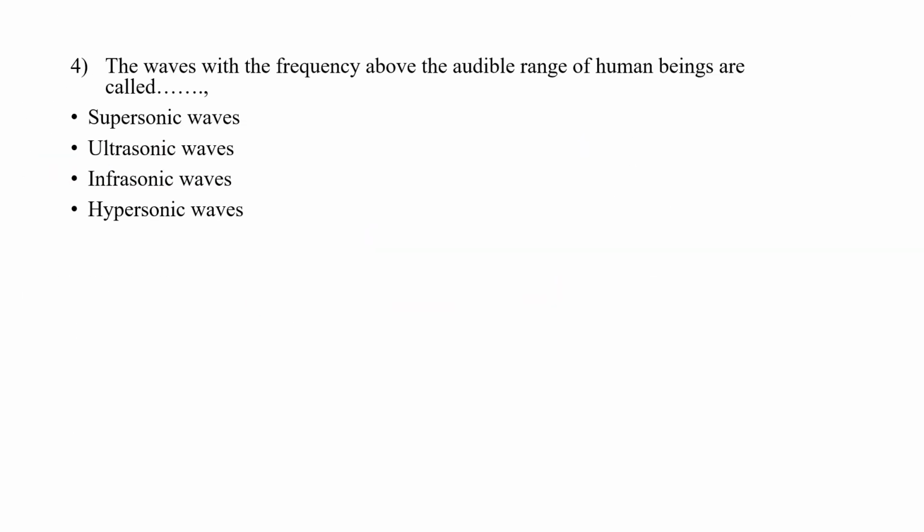The fourth question: the wave with the frequency above the audible range of human beings is called supersonic waves, ultrasonic waves, infrasonic waves, or hypersonic waves. So to answer this question, we must look at sound frequency ranges and how human hearing works.